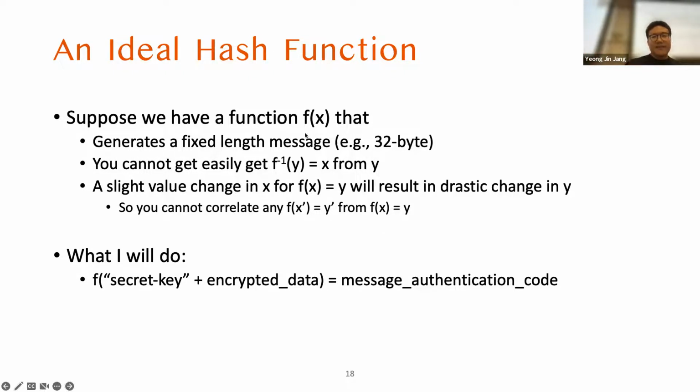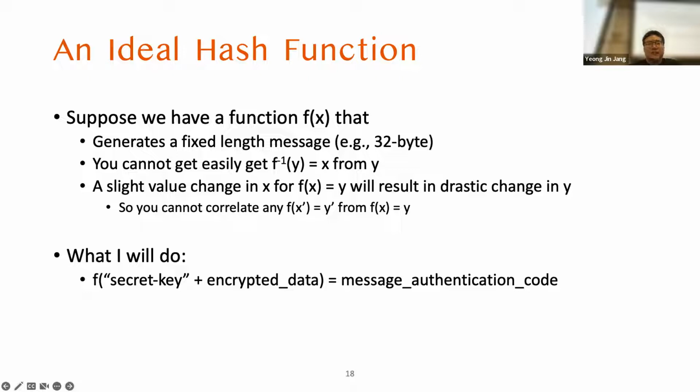One property that function f should have is that, if you have the resulting message, it is very hard to find what generates that message. For f(x) = y, even if you know y, you cannot guess what x is.